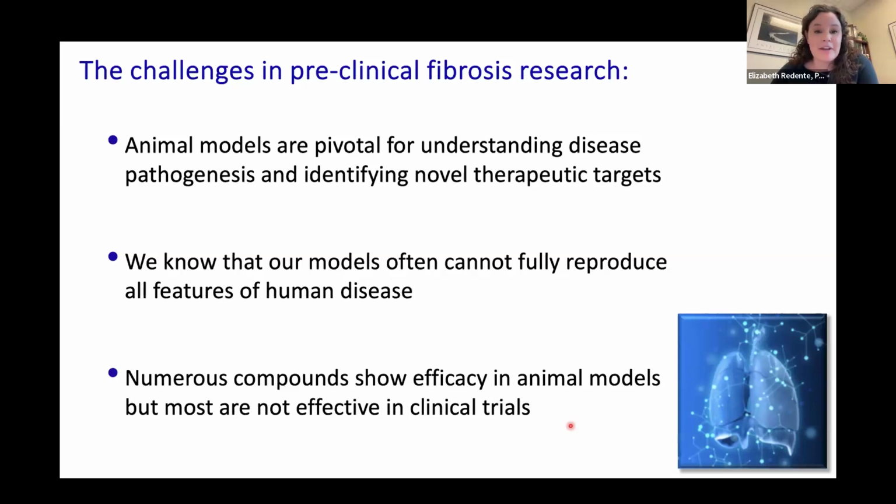But we also know that our models cannot often fully reproduce or recapitulate all of the features of human disease. And because of that, numerous compounds throughout time have shown efficacy in our animal models, but are not effective or do not show promising results when they get moved into clinical trials.